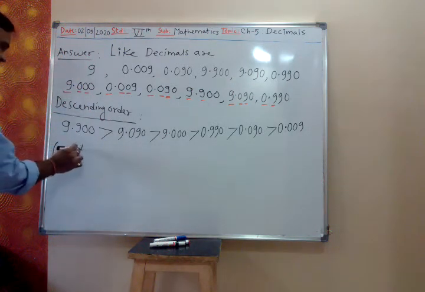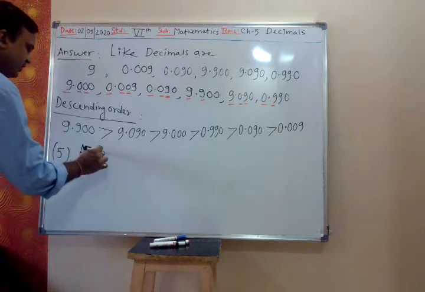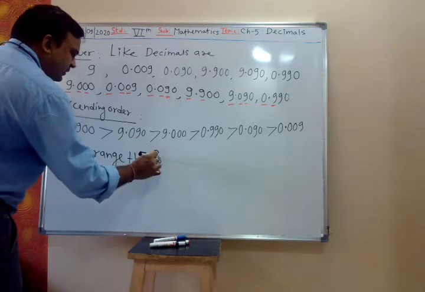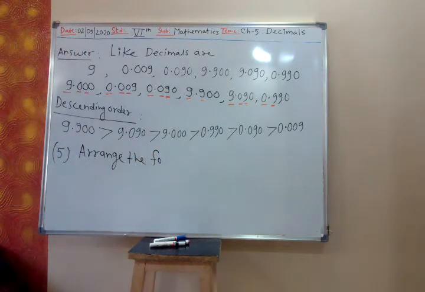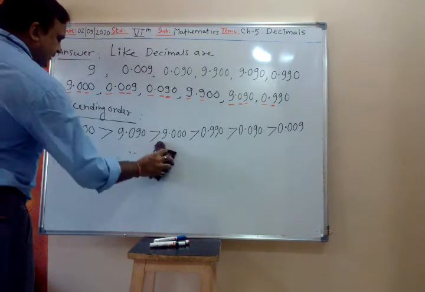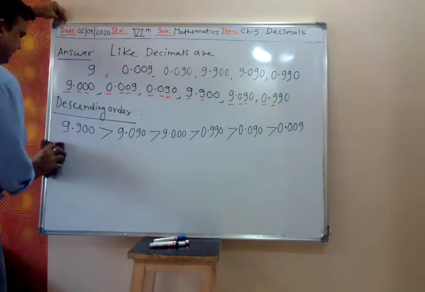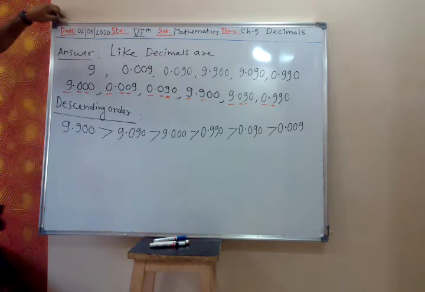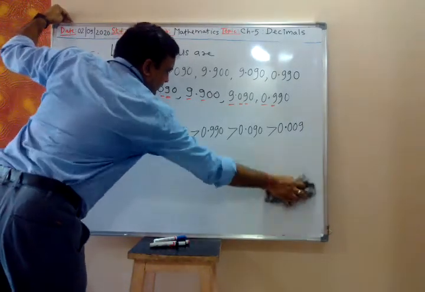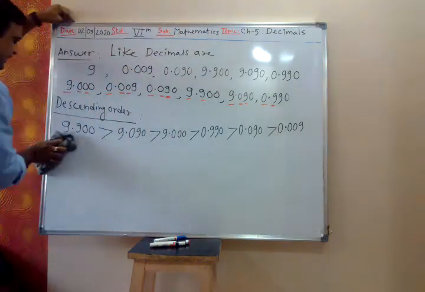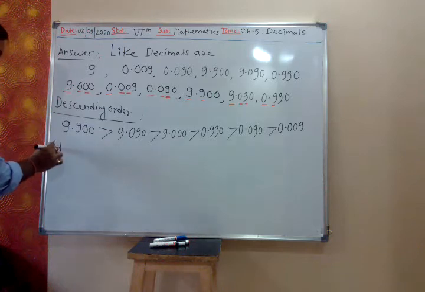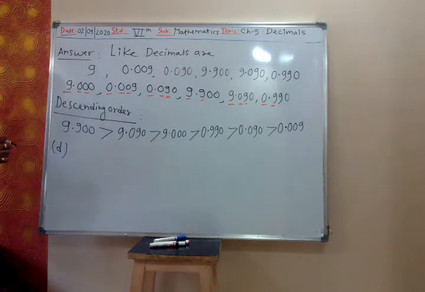Now fifth, arrange the following in ascending order. Others are homework. Great, my dear. Now let me write the question. Now D, because some of you might not be having that PDF. So let us write the D question. D. 87.9.